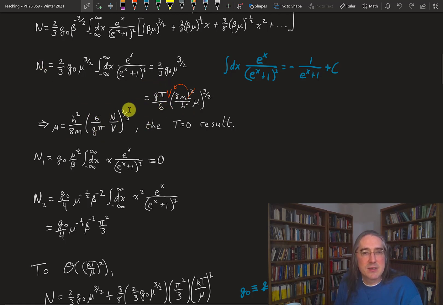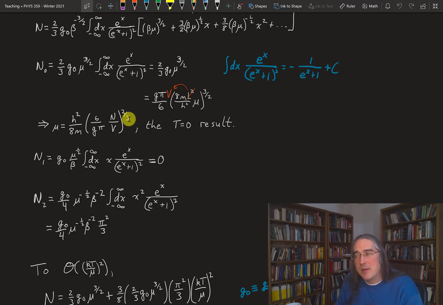So n gets the 6 over g pi V. Take it all to the 2/3, and then the stuff that's inside comes out, so h squared over 8m, okay? And that is exactly the T equals 0 result. Right? This is the Fermi energy in the representation that we had for a gas in a box.